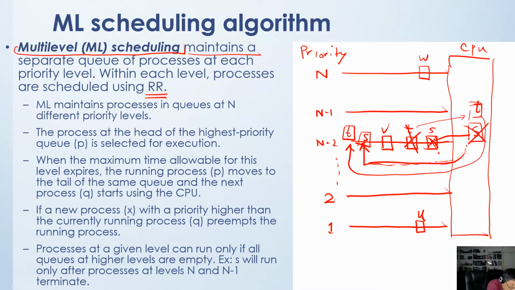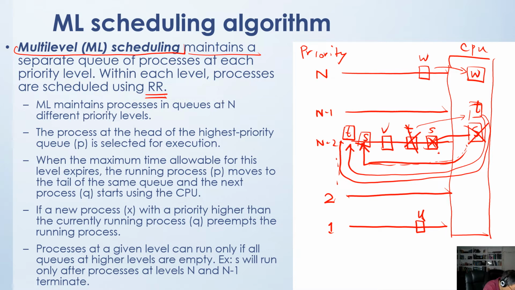Let's say W, and W is placed at the priority level n, which has a higher priority, and then whatever is running in the CPU will be removed and placed at the tail of that queue.